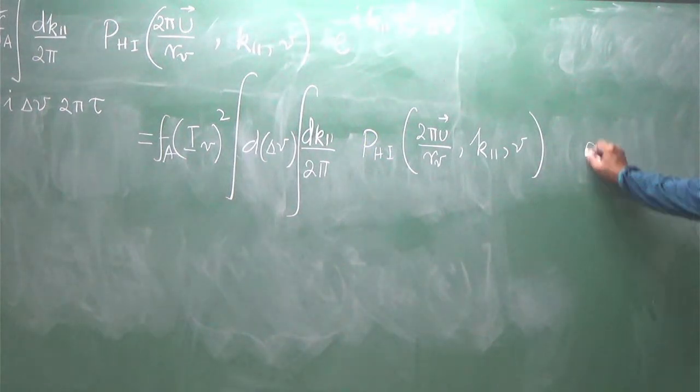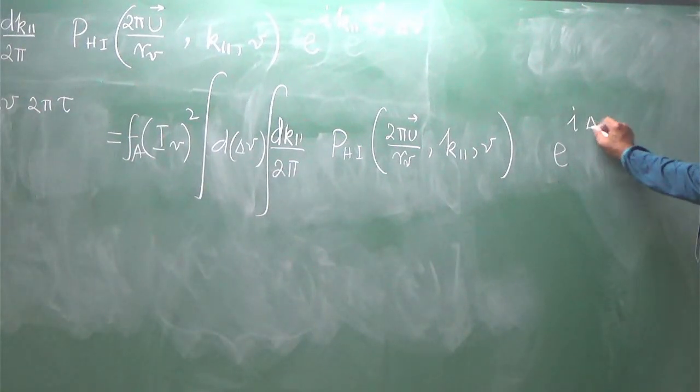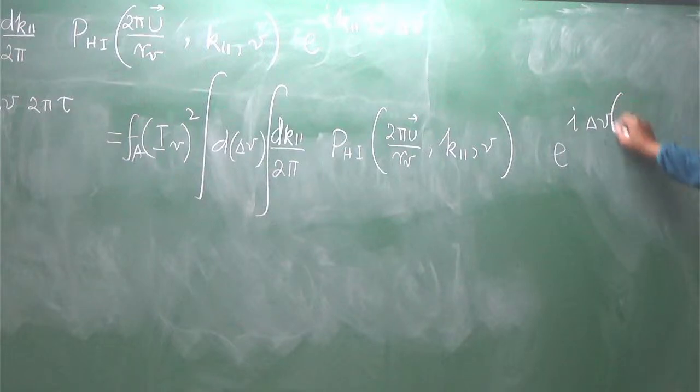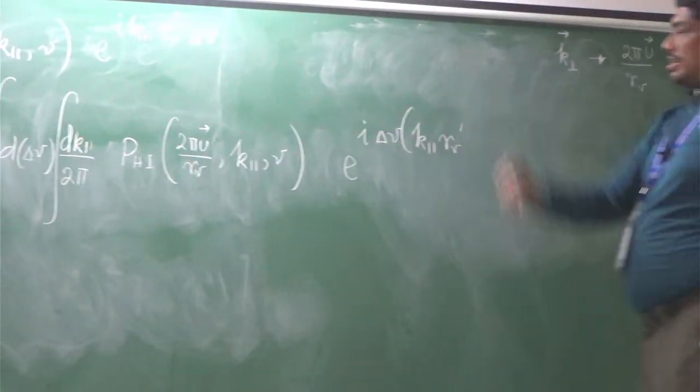I had this i delta mu times this one, earlier it was k parallel r prime, and now I have that in an extra term.